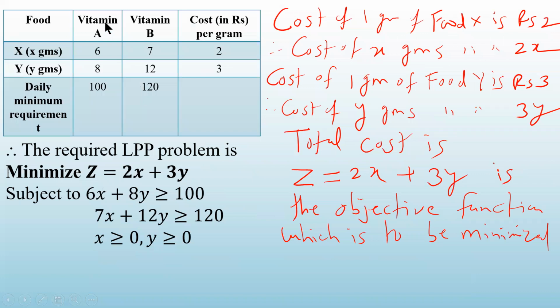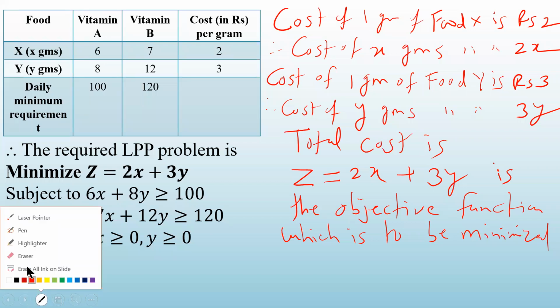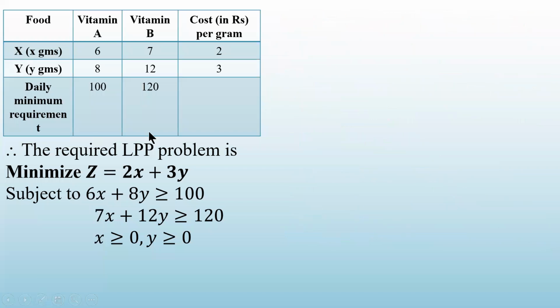Okay. Vitamin A he is also getting from food Y. On eating 1 gram of food Y you get 8 units of vitamin A. So on eating Y grams, how much will you get? 8 into Y. Okay, so that is what I'm going to write here. So I hope you have understood this, how I have got the objective function. Now let us see the constraints.